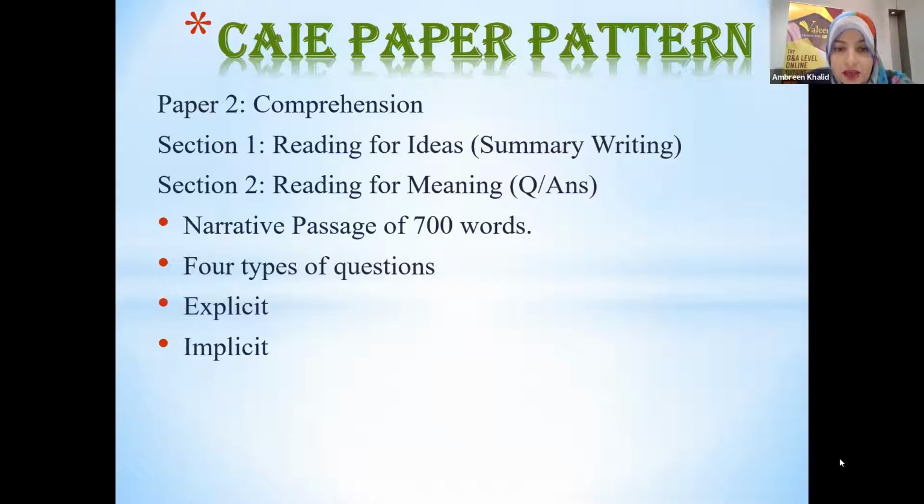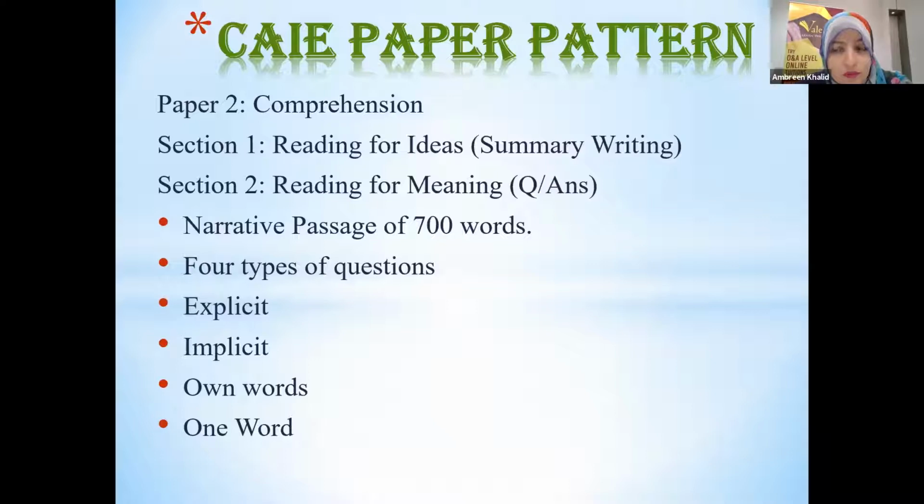The next kind of question is own words question. It is also called explicit type 2 question, where you have to explain the answer. Answer is given in the passage, but you cannot lift the answer from the passage, and you have to change the words. You have to write in your own words. And then there is another type, which is one word question.